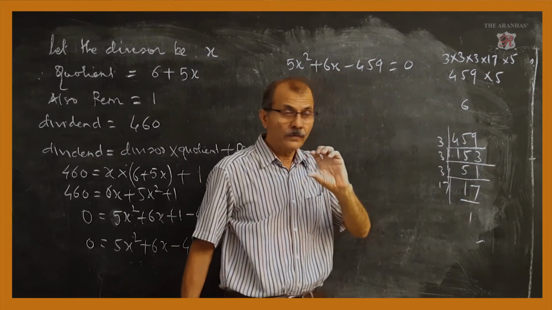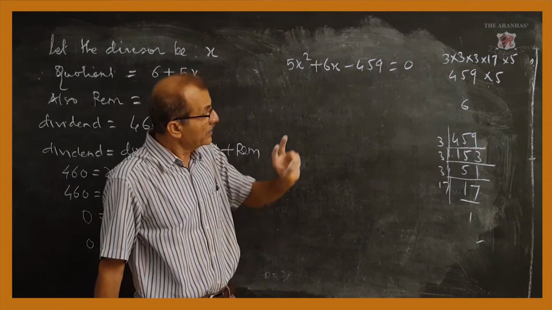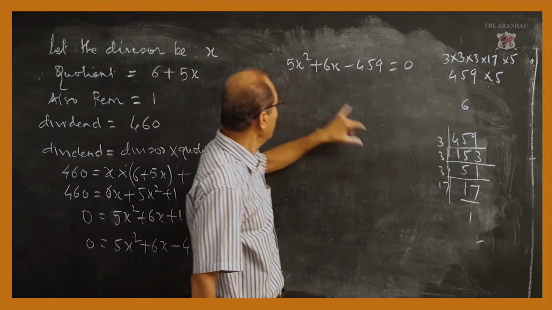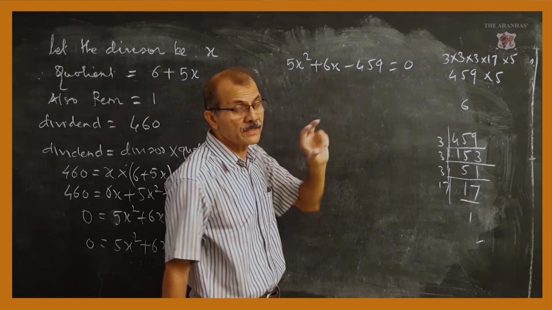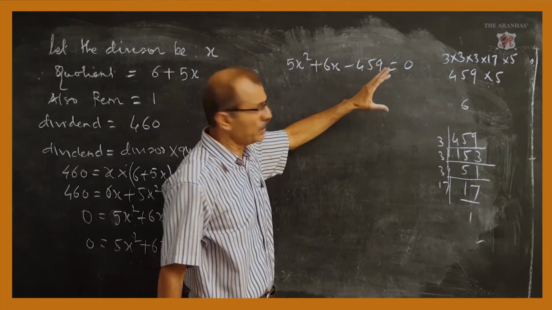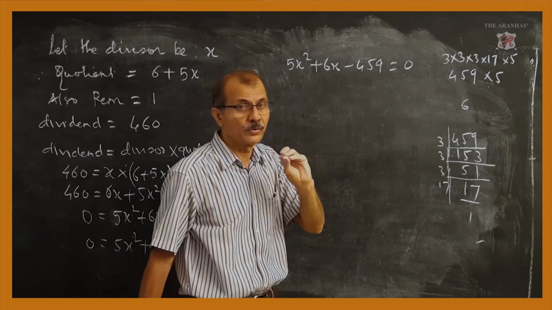Now you have to combine. I want to find two numbers. So you have to get the pairs now by multiplying this, so that the difference of those two numbers will be plus 6 and product will be definitely 459 into 5. So I have to choose now two numbers.